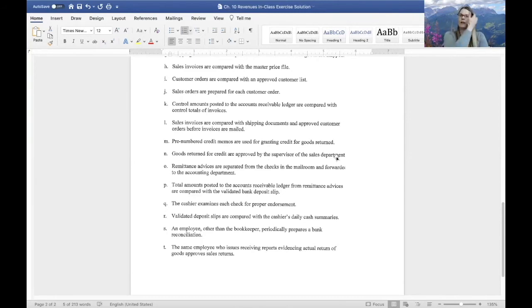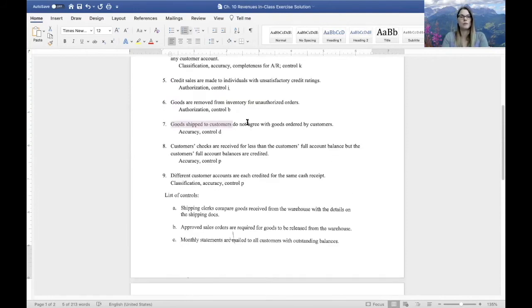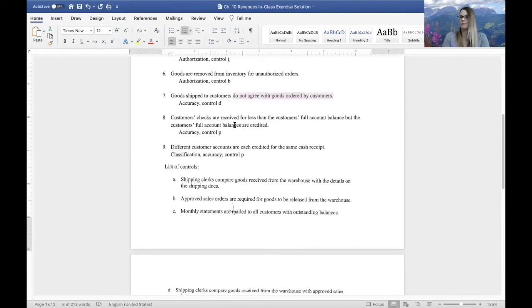So this is kind of a fundamental difference between goods being shipped out in the first place, which risk 7 is talking about. We know that because it's talking about what goods were ordered by customers, goods shipped by customers. Those terms all are referring to the initial order, things that are happening in the initial order process.